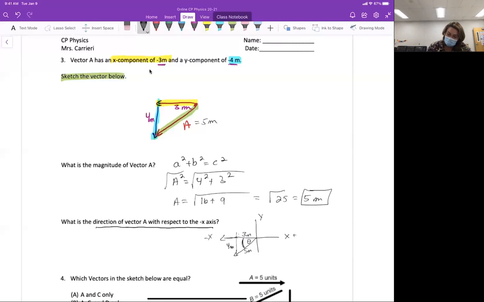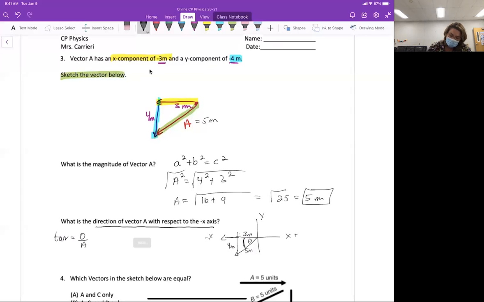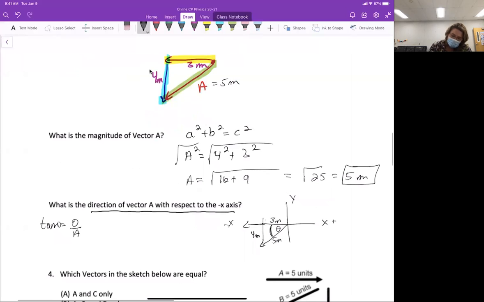I have lots of different options. I'll just pick TOA, which is tangent is equal to the opposite over the adjacent. Tangent theta is equal to the opposite side of the angle in question over the adjacent side.